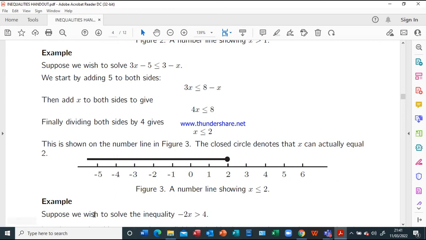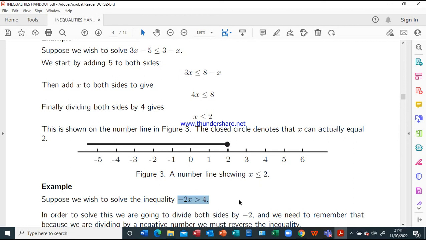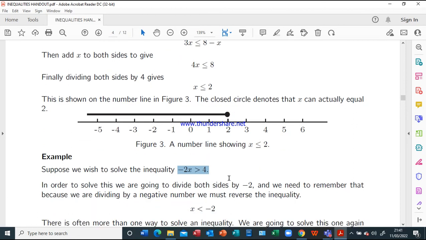If we are supposed to solve this inequality, negative 2x is greater than 4. The last point I emphasized in the approach to solving inequalities is that here we are dividing both sides by -2.